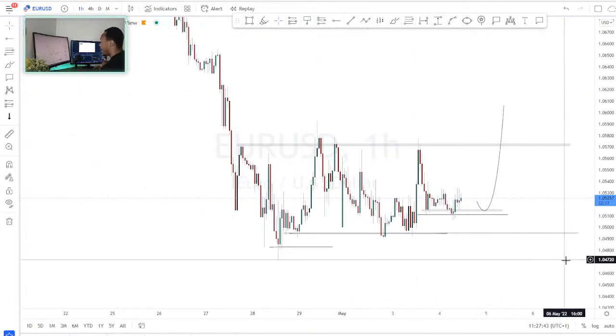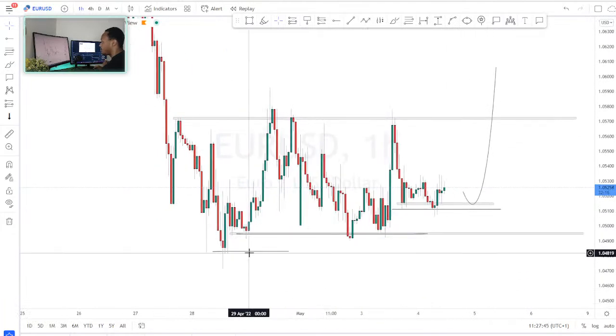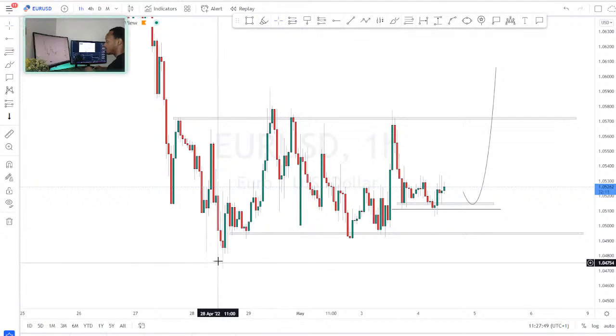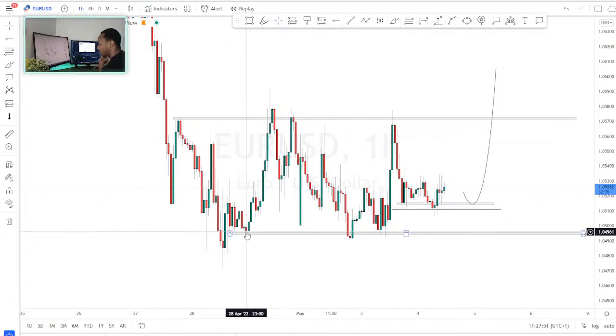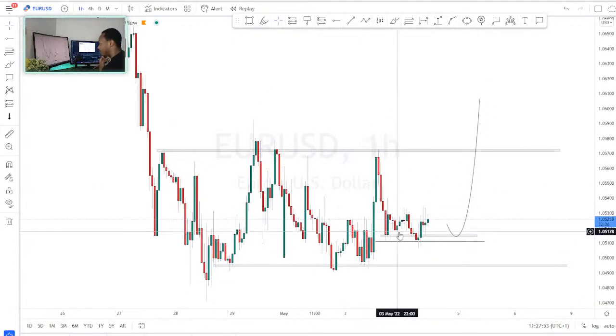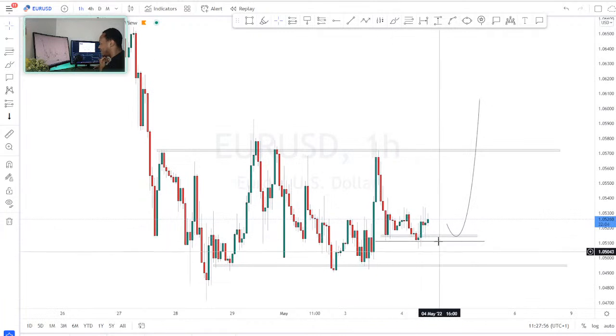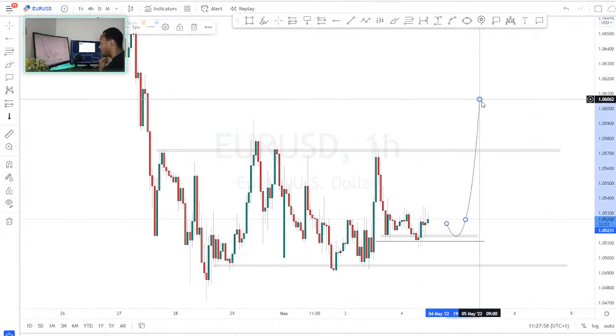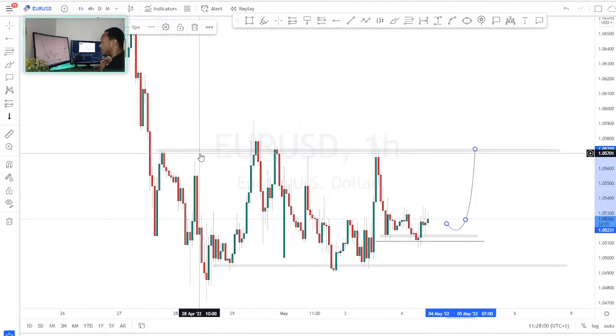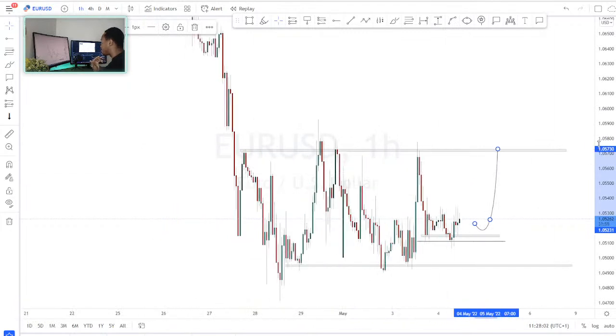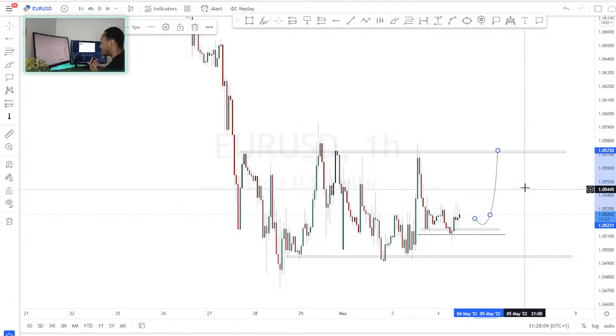I'm looking for some upside because we are forming some higher lows of support here. As you can see, we've got this low here, price has formed that higher low, respecting that, pushed up, now we're forming a higher low again. So I'm expecting to see some upside. I'll keep it just to that level there because this is where the bears are waiting to push price lower.